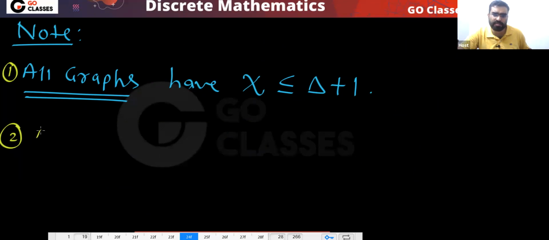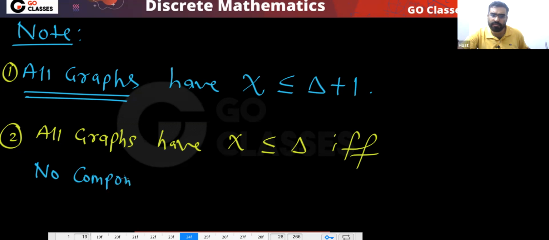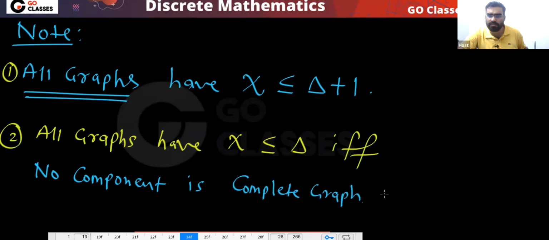And the second statement is that all graphs have chromatic number less than or equal to delta if and only if no component is a complete graph or an odd cycle.